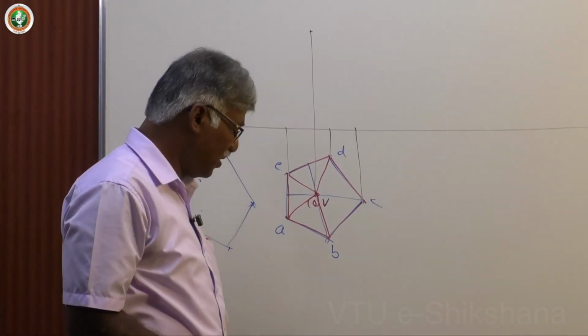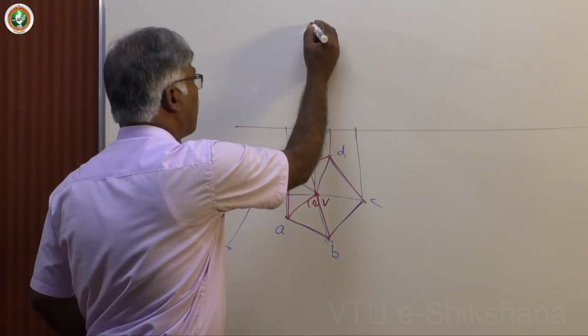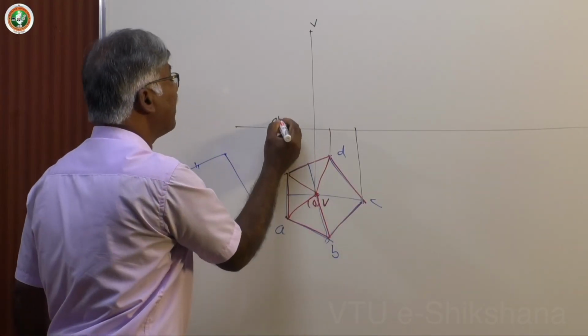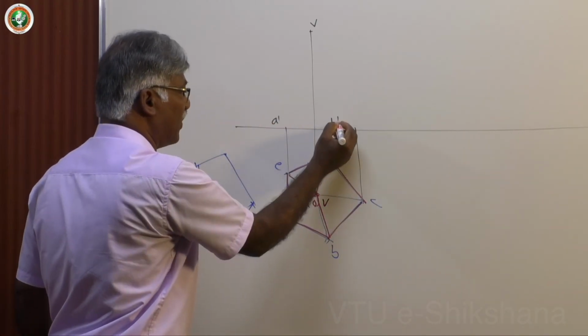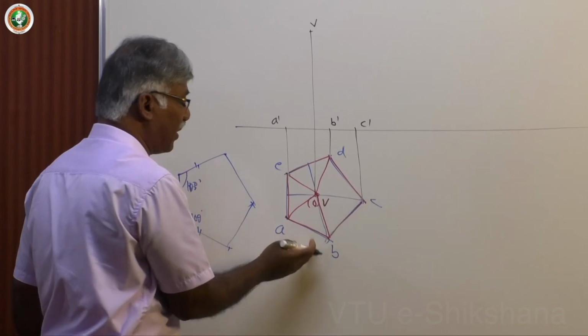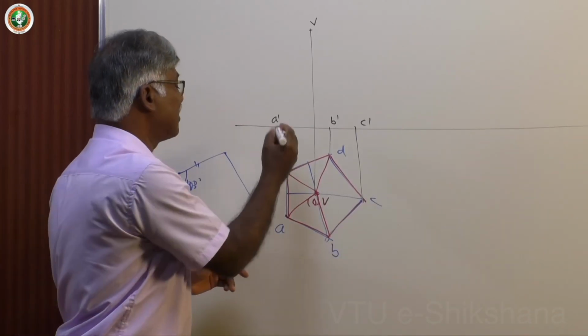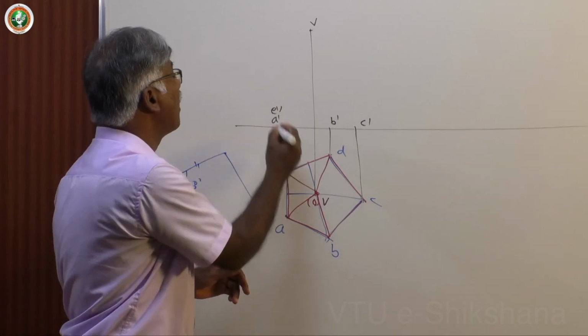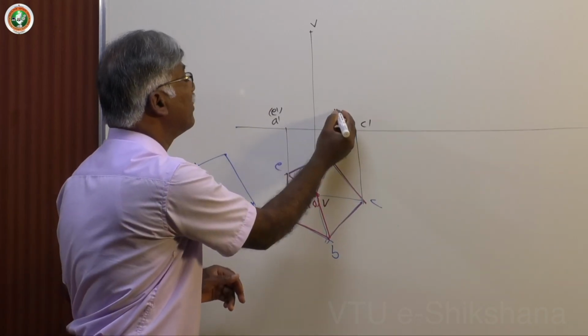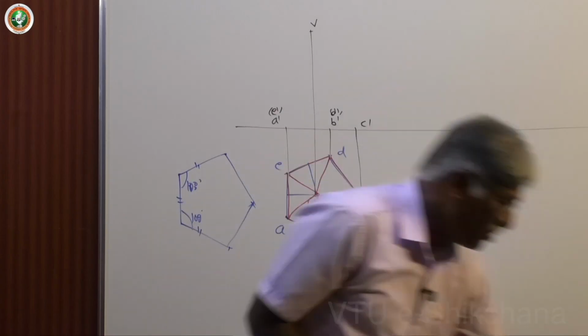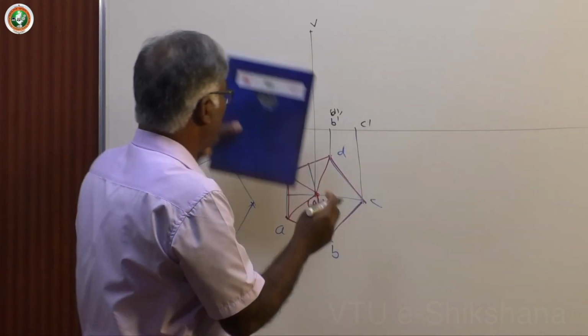Join the apex with all base corners. See, this is A, B in sequence I am getting. This is the advantage of keeping the left extreme corner as A, B, C, D. Next, this is E, then this is D. Join all these points with the apex.